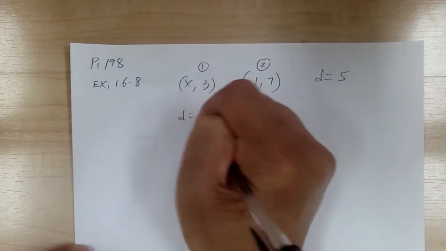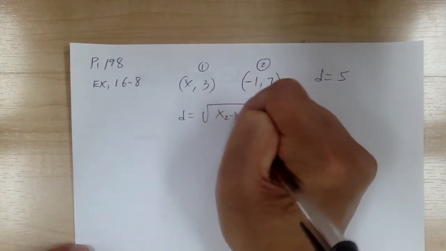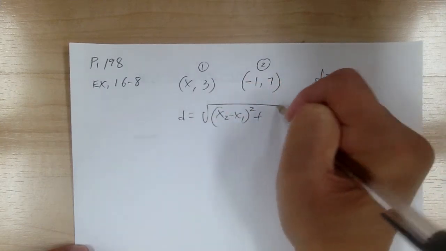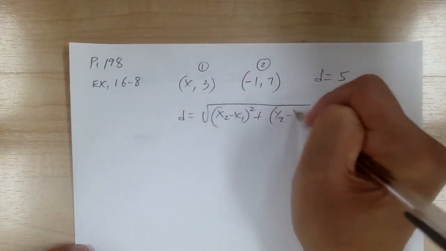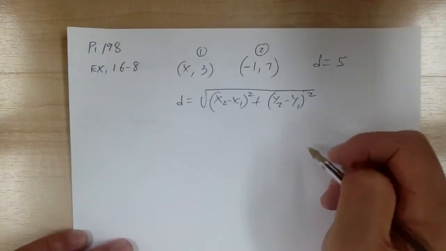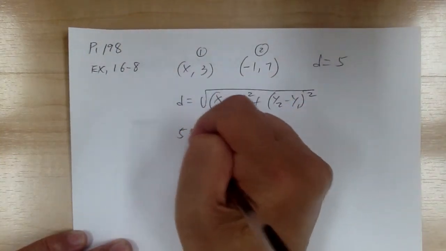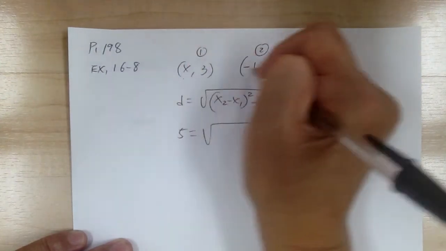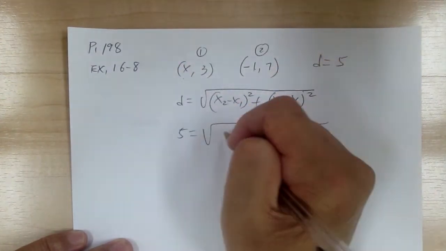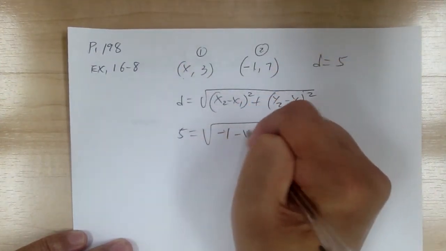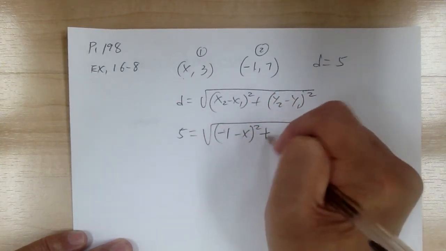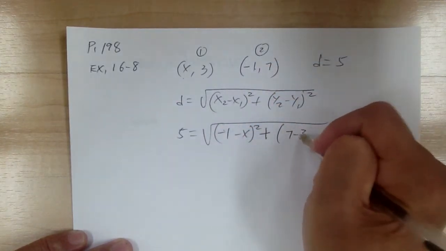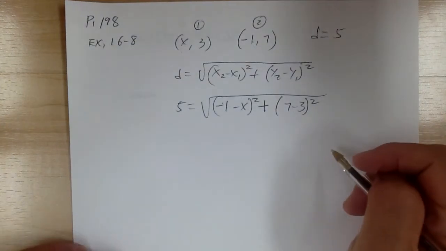So distance equals the square root of x2 minus x1 squared plus y2 minus y1 squared. Substituting here, you get 5 equals the square root of, so that's your x1, that's your x2, so it'd be negative 1 minus x squared plus 7 minus 3 squared.